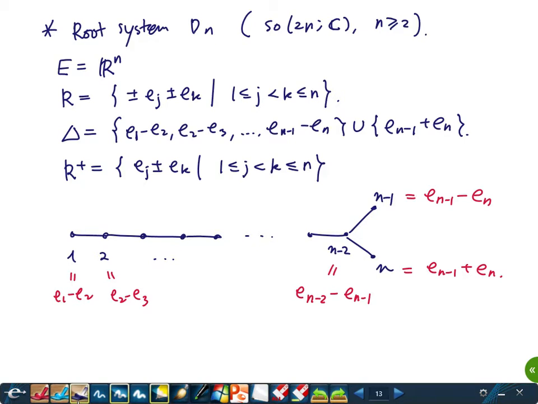But A_3 is really the same as D_3. The D_3 Dynkin diagram is like that, right? They are isomorphic. So D_3 is the same as A_3. Because of that, when we talk about D_n, usually we consider n greater than or equal to 4, because otherwise it's just A_3 or others.